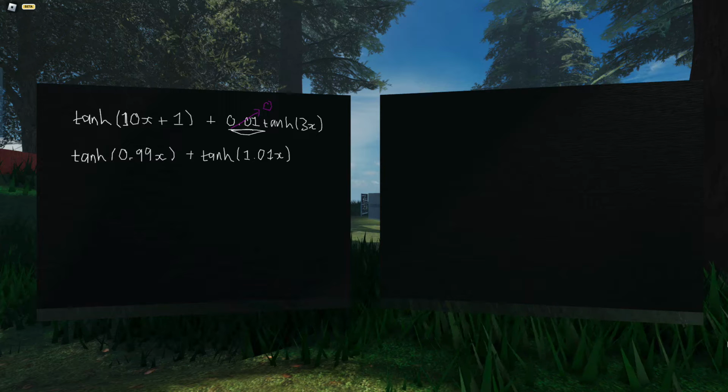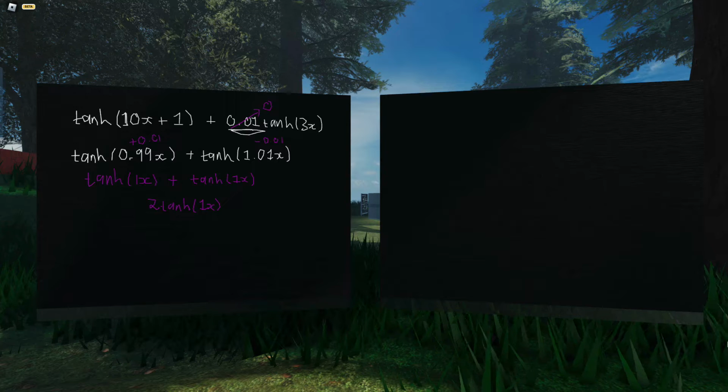We don't have any zero weight vectors outgoing or incoming, so this is irreducible. But you can see that if we made a small perturbation here of plus 0.01 and here of minus 0.01, then suddenly we'd have tanh of 1x plus tanh of 1x, which would combine to give us 2 tanh of 1x, which is a rank 1 function.